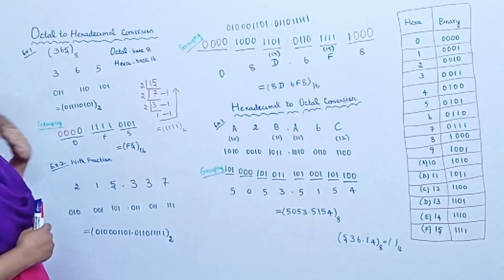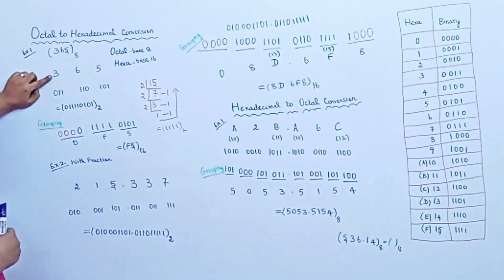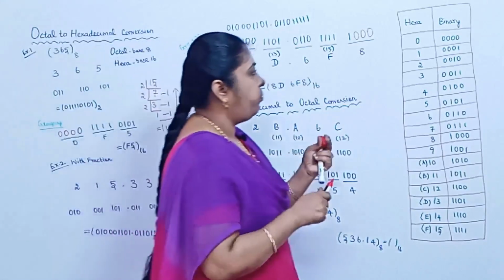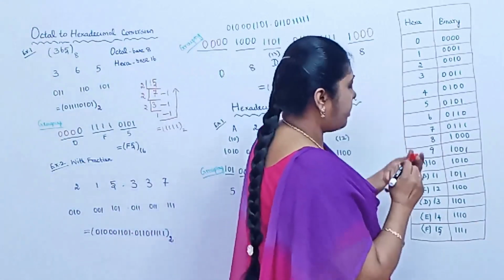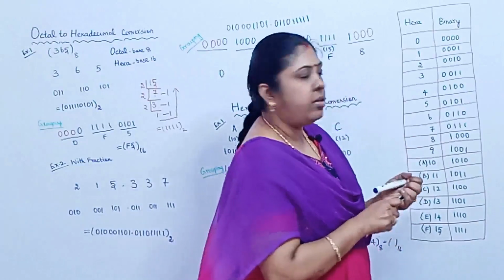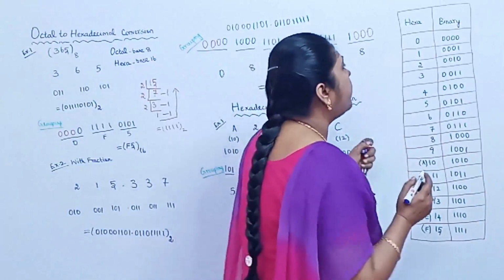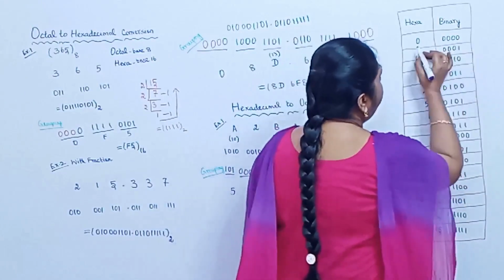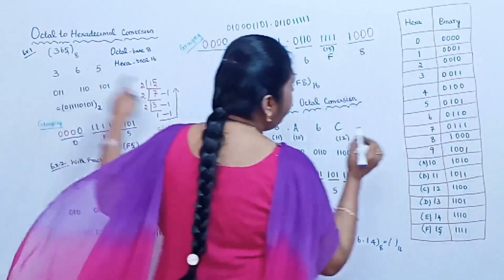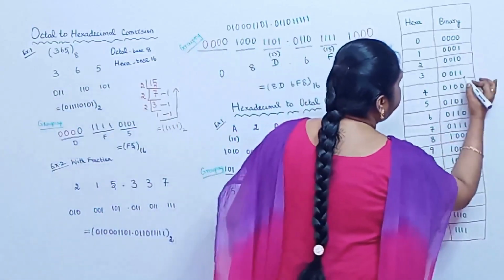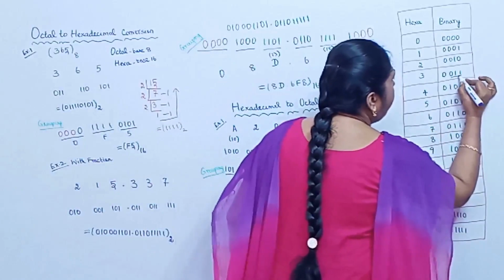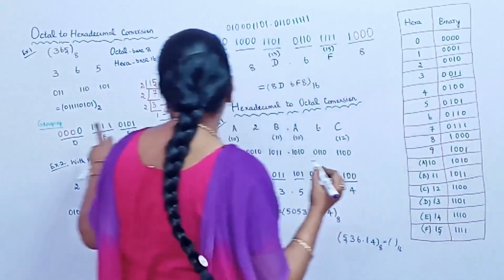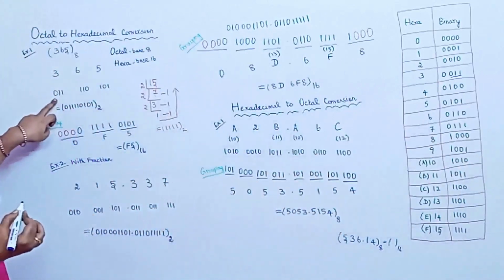Consider the table: the hexa value is given and the concerned binary value is given here. For octal, only 3 binary digits have to be used. So for 3, the table gives 0011, but we want only 3 binary digits, so 011.